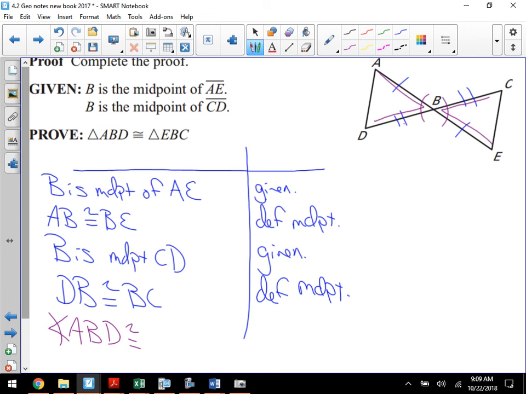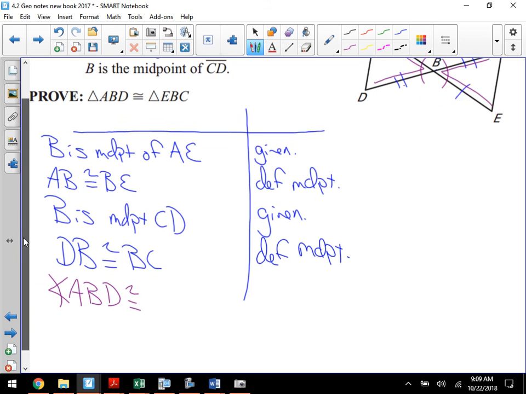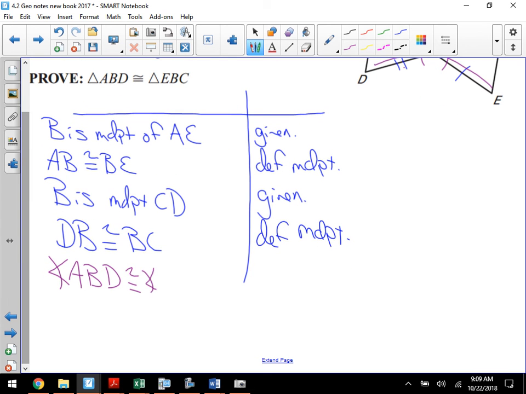This is where I was saying before, guys: lettering has to match. But all you have to do is mark the diagram. Follow the letters. Once you mark the diagram and follow the letters, you're hard pressed to screw up. And the reason we know that this works is because vertical angles are congruent.